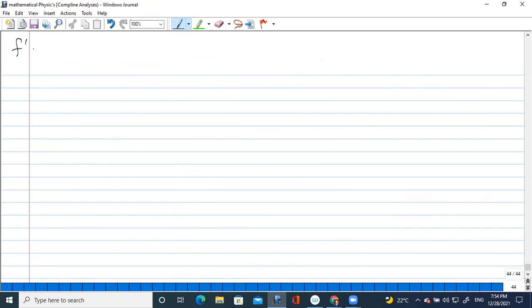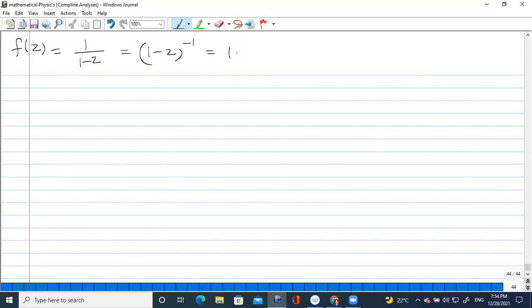Sometimes you can get some series directly also; by binomial theorem also you can use. Suppose I want to ask you the series for 1 upon 1 minus z. Understood? So wisely you can use binomial expansion also. So this is 1 minus z to the power minus 1. Understood?